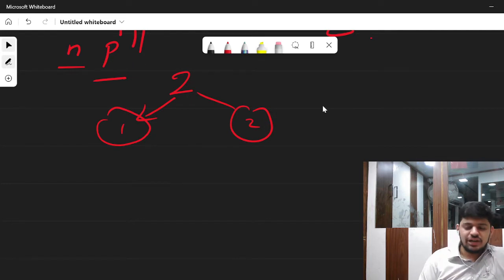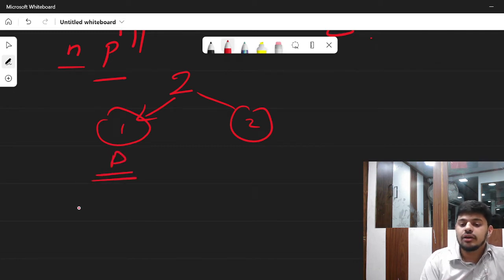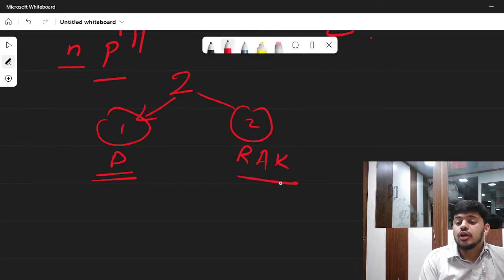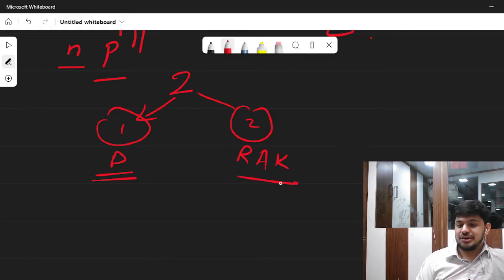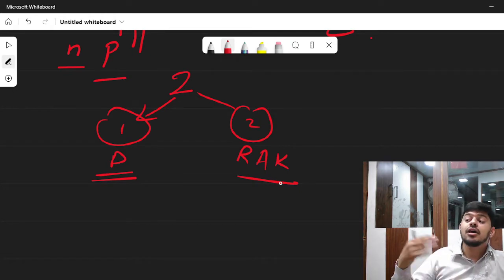So let us consider this one is already living in Dubai, and this one is living in RAK or Sharjah, anywhere. So tell me, who needs more money to go for a party? Obviously the second one, because the second one is far away from the partying spot.